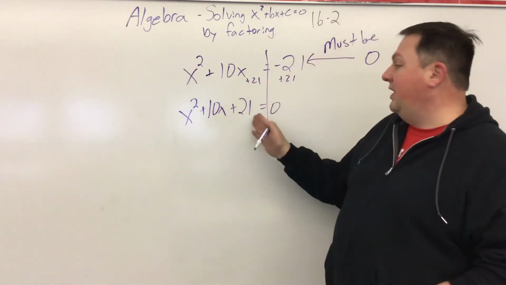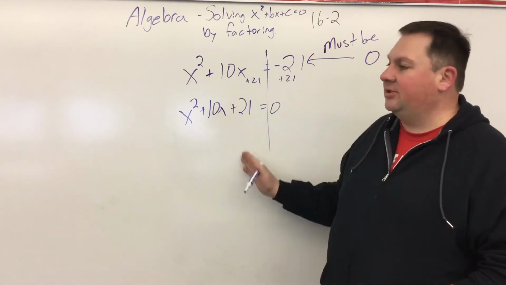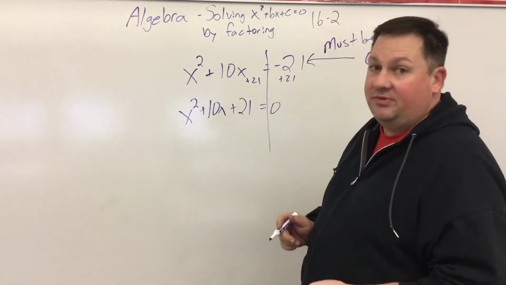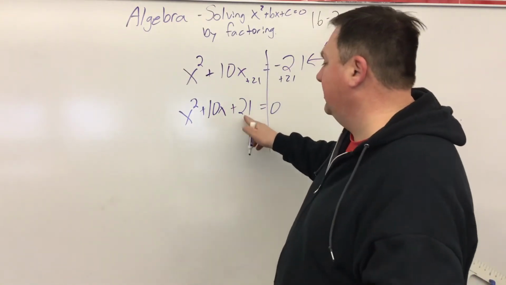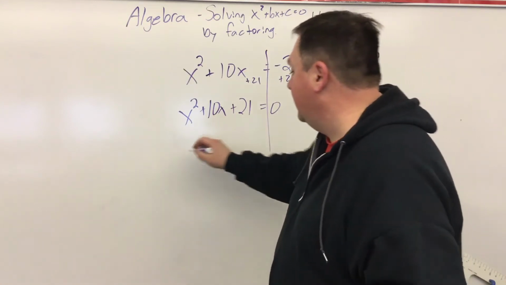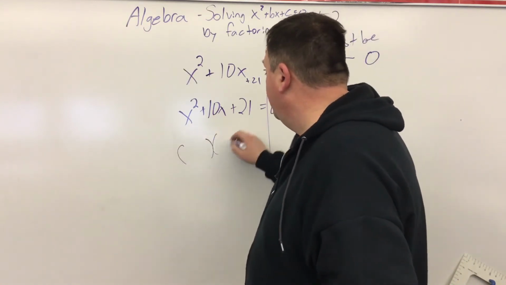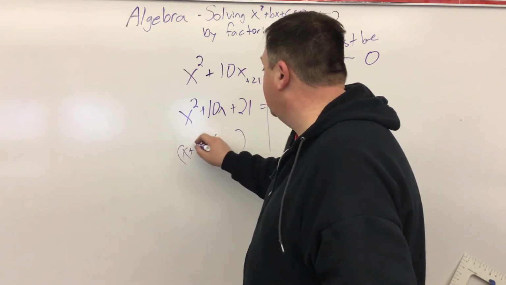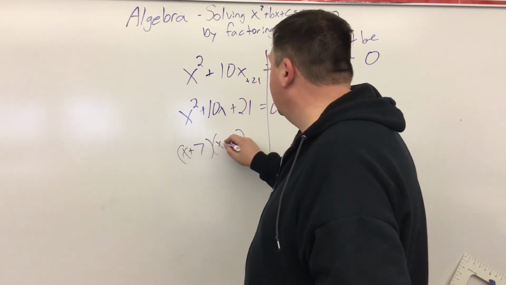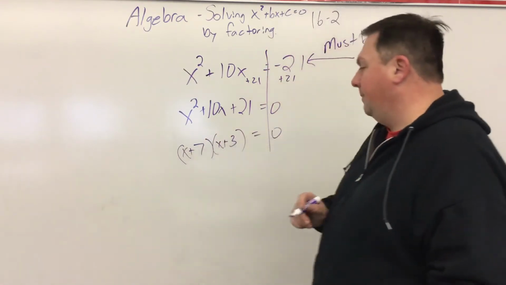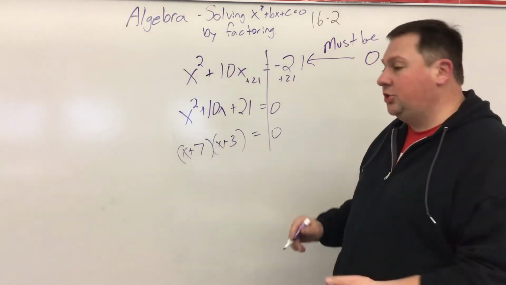So now we have this trinomial here. We need to factor this. Just remember what we've done before. What two numbers multiply to get 21 that add to get 10? So we're going to be left with x plus 7, x plus 3 equals 0. Now from here, you should know how to do this.